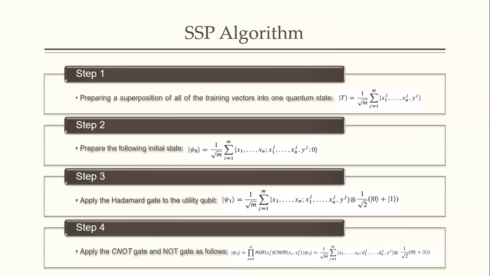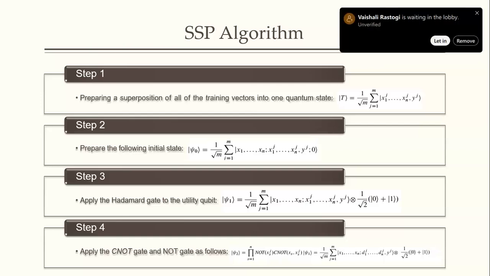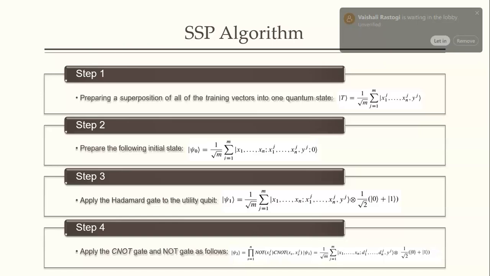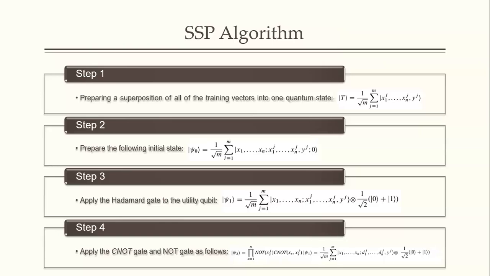Psi naught gate equal to 1 by root m summation of j equal to 1 to m x1 to x_n, y_j comma 0 gate. Then we are applying the ATAL gate to the utility qubit. Psi 1 gate equal to 1 by root m j equal to 1 to m summation of x1^j to xn^j, y^j into 1 by root 2 (0 gate plus 1 gate).